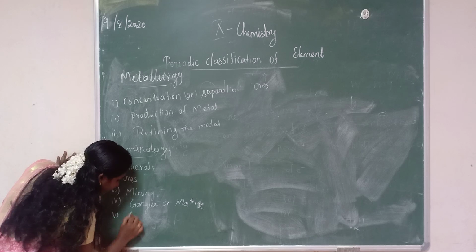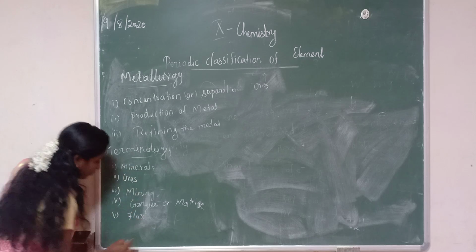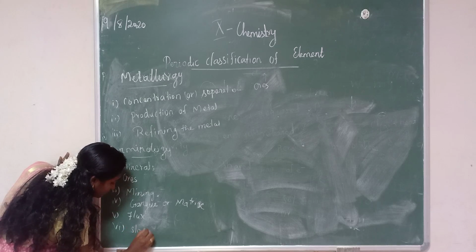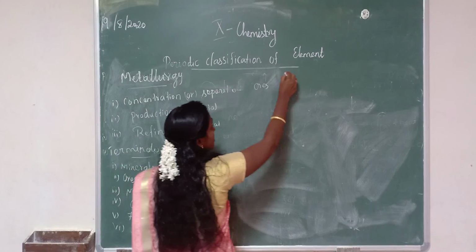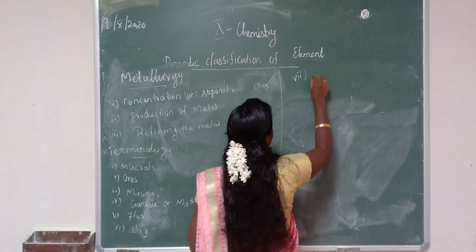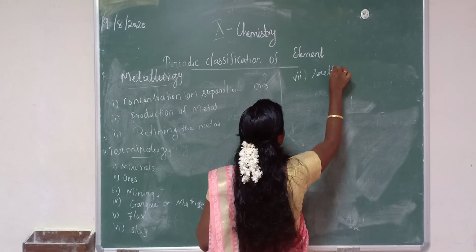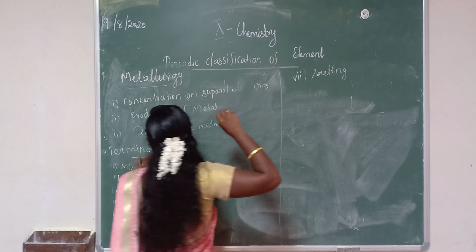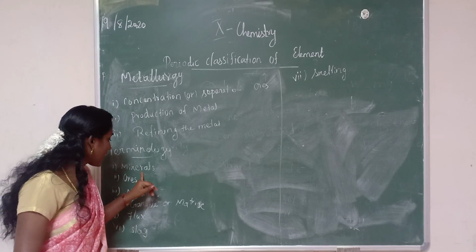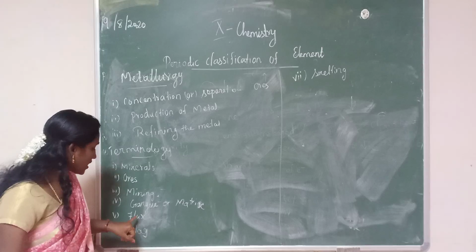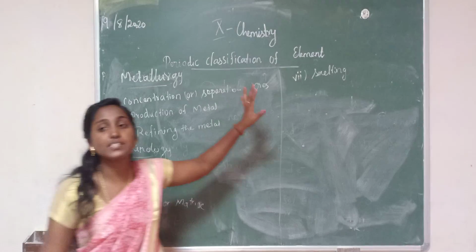Fifth one, flux. Sixth one, slag. Seventh one, smelting. So what are the terminologies in metallurgy? Minerals, ores, mining, gangue or matrix, flux, slag, smelting.